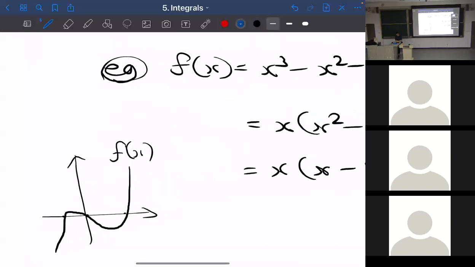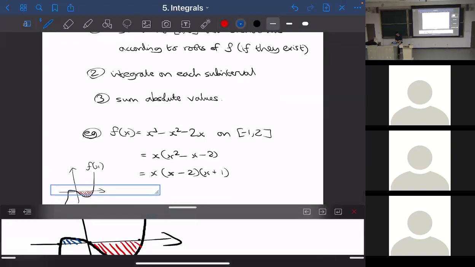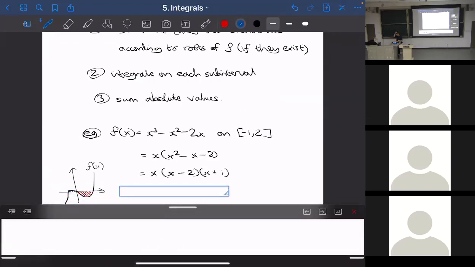Let's mark them blue and red. So we start with the interval minus 1 to 0.